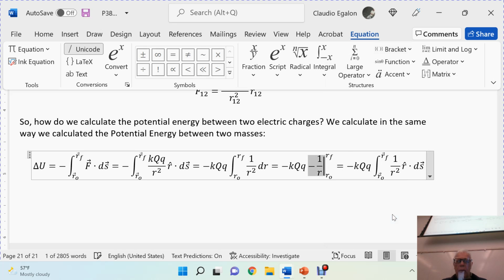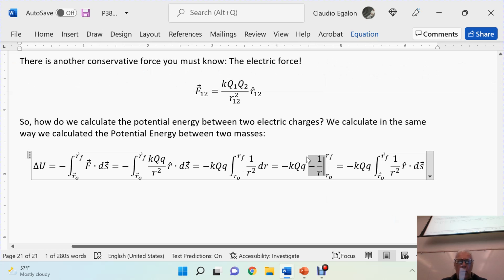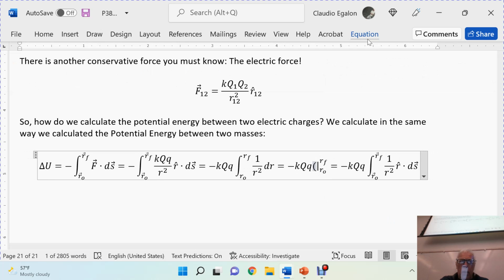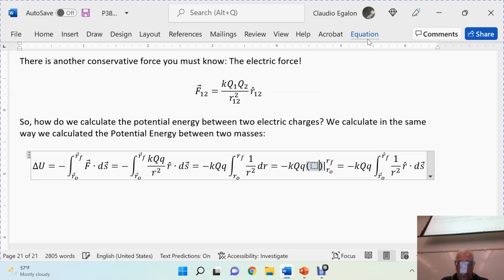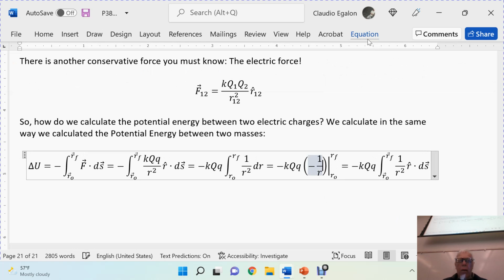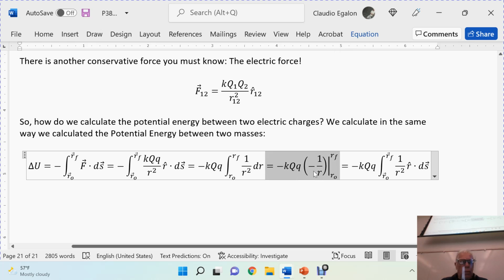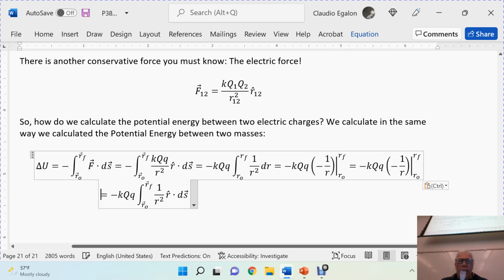And then I gotta put that in: minus 1 over r. Solve that. First, let's get rid of the negative sign, right?